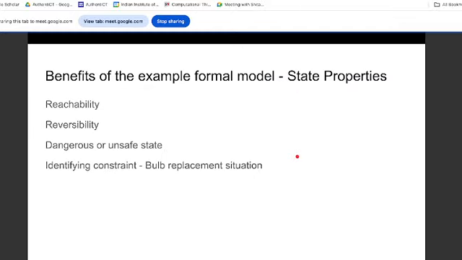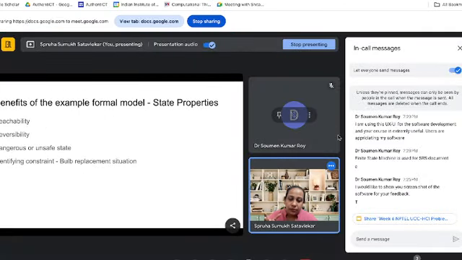Similarly, we can identify one constraint of this, but there is also one benefit. This is a benefit of this modeling, even through a push button. In a bulb replacement situation, say our bulb fails. Now we cannot determine whether it is safe or not to unscrew the bulb in the first place.